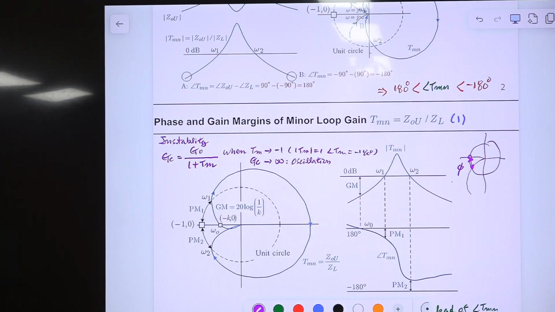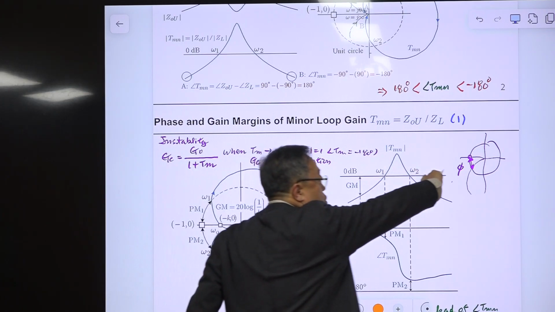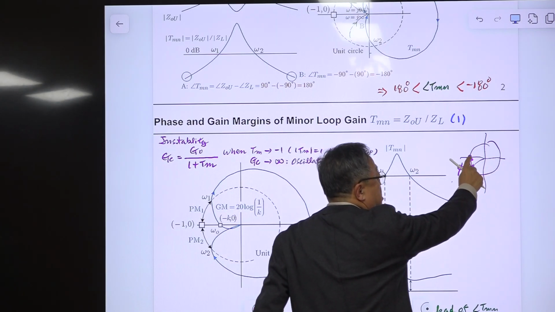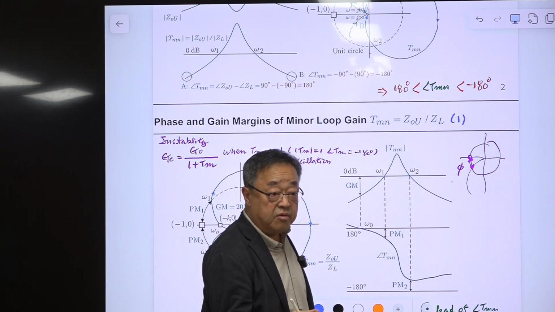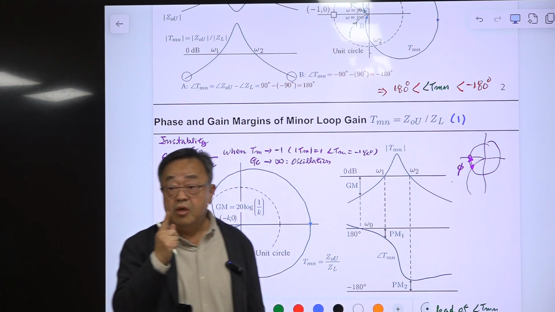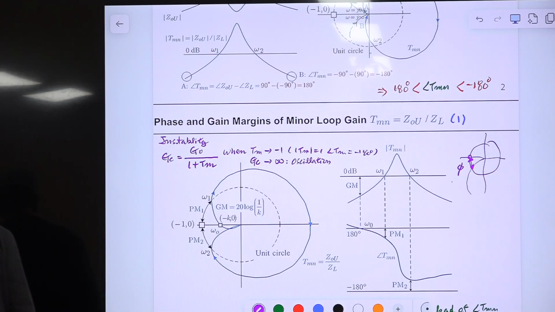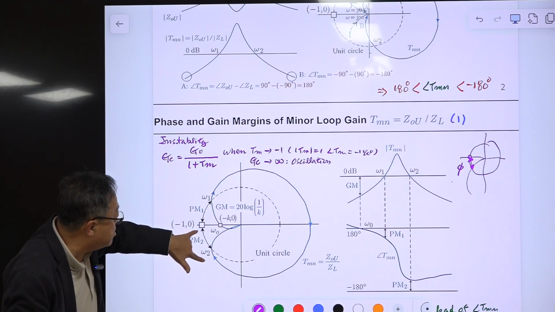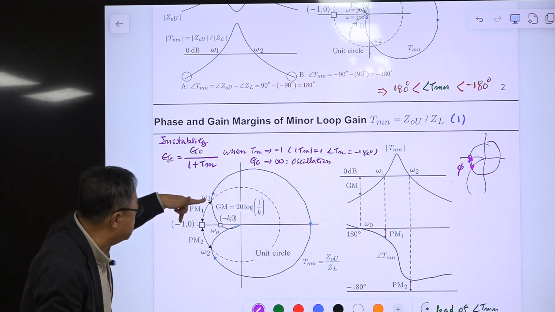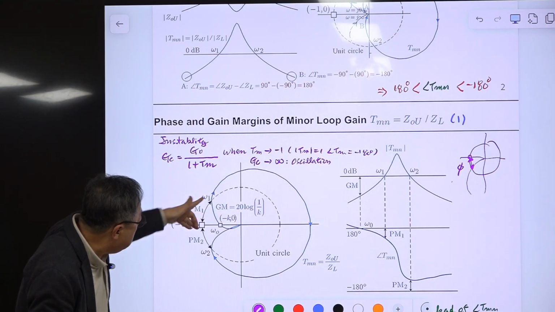If the phase delay of phi is introduced to the loop gain, while the magnitude of the loop gain remains the same, then this trajectory will rotate this much and it passes this critical point, and the system starts oscillating. Okay, that is the definition of phase margin in automatic control. Here we have two phase margins. One is rotation in this direction due to the phase delay, and this is another margin here.